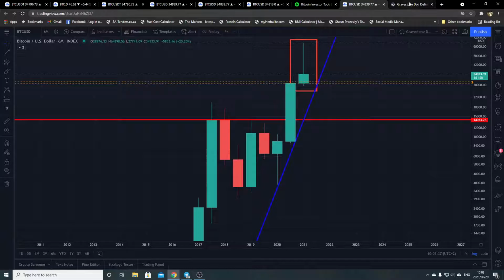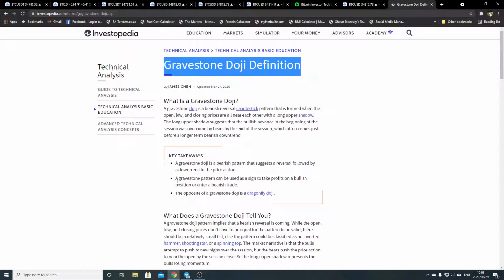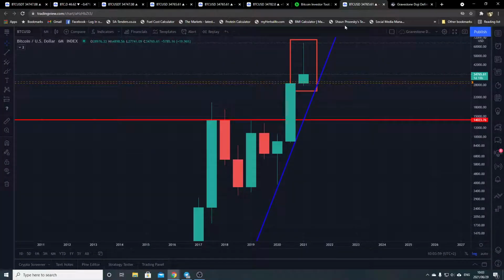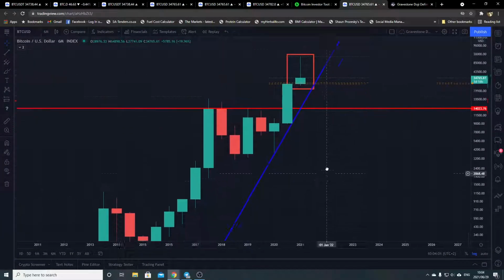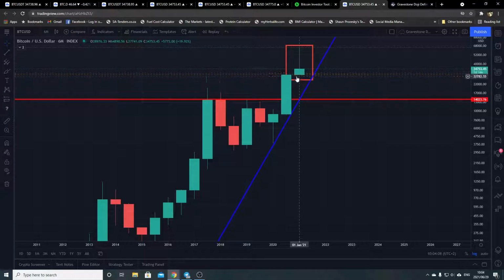So let's go through what the Gravestone Doji definition is. Let's take some key takeaways here. A Gravestone Doji is a bearish pattern that suggests a reversal followed by a downward trend in price action. What happens is that we get a close over here between 29 and 30K in that price region.